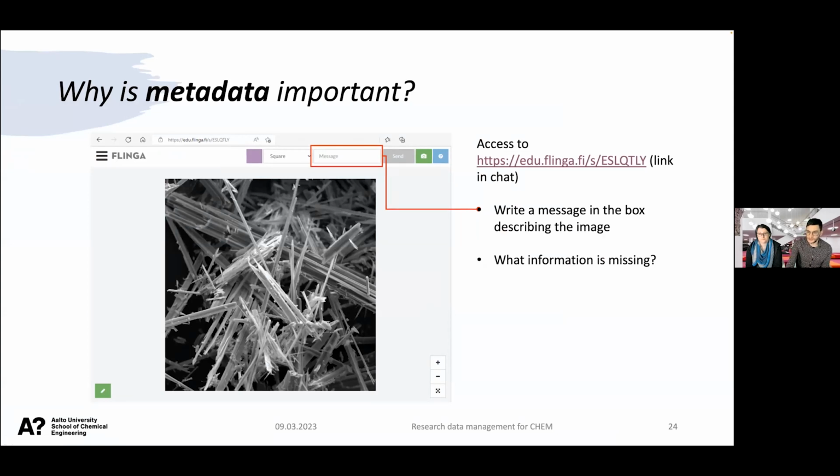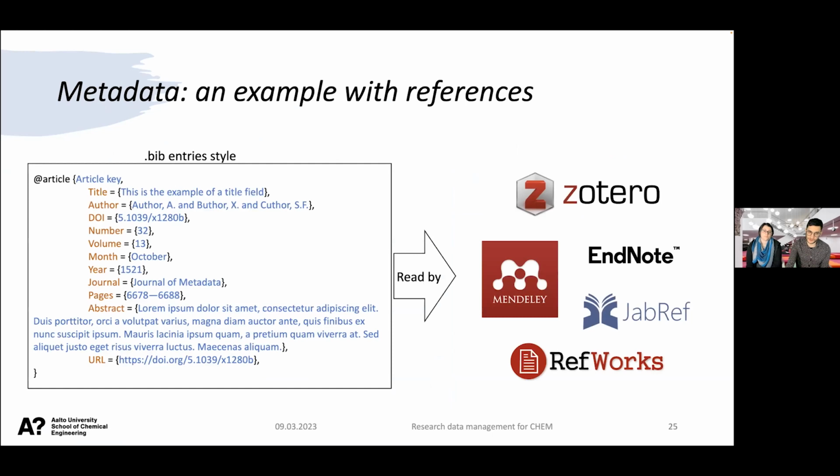And so metadata is as important as data, as you can see. This is just a basic example. You are already using metadata in your work when you use the BIB files. They are basically metadata files where there are some fields that are the metadata fields, and you just put the article key to cite this data, and then there are these fields filled with metadata information.